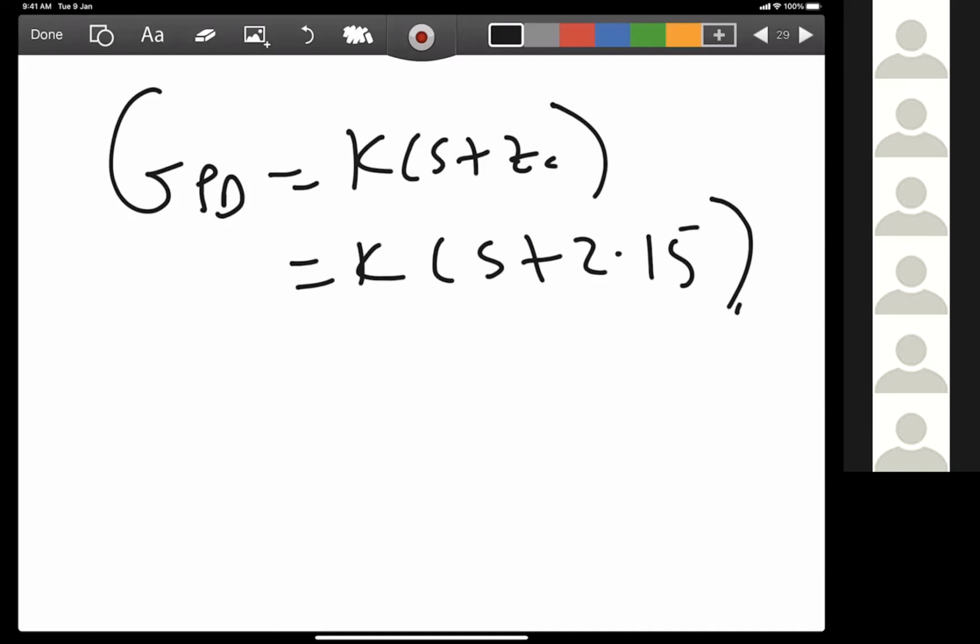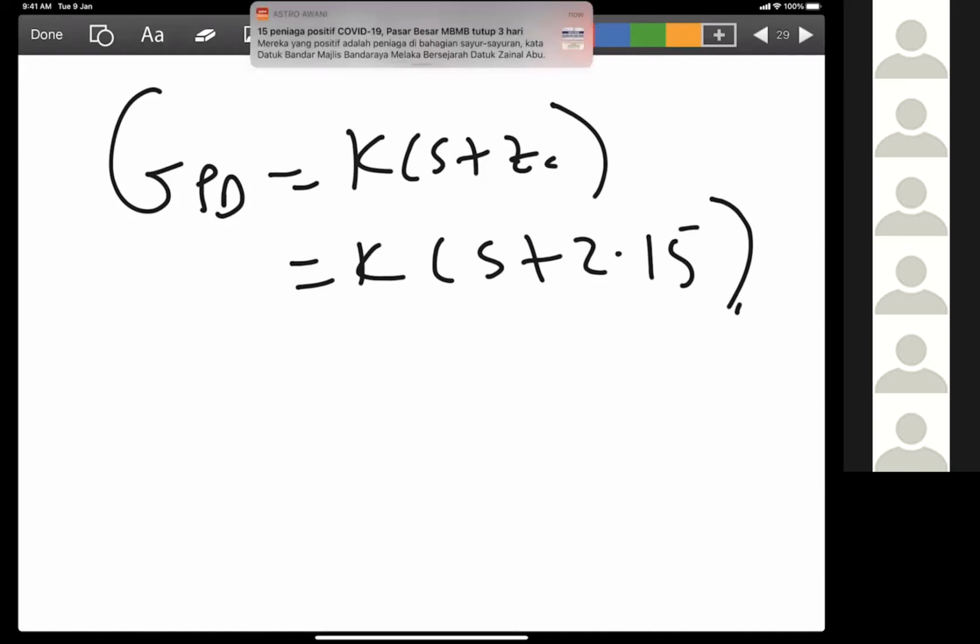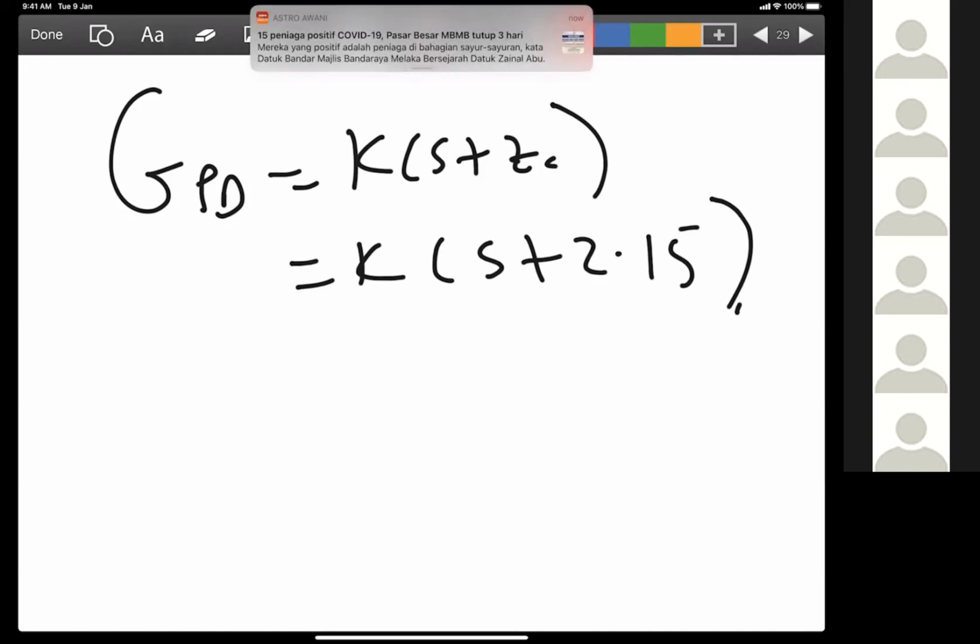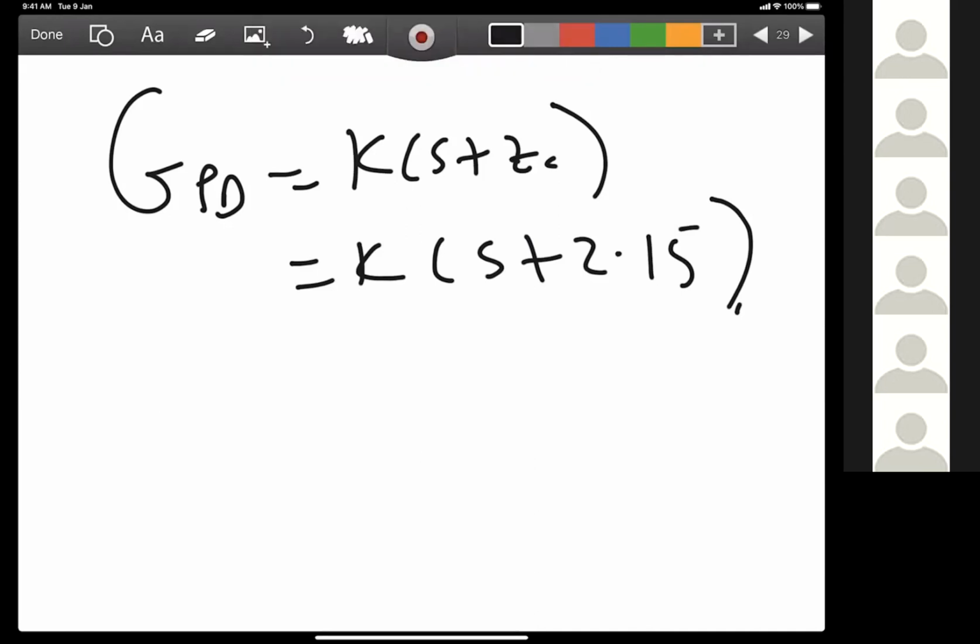So at a particular value of gain K, the step response of the system is shown in the figure Q2B3. So it's the oscillations.